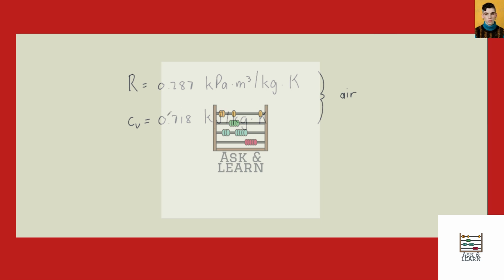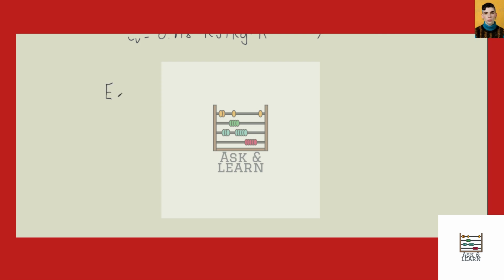So if we take the air in the room to be our system, the system is closed since no mass enters or leaves. So we can write our energy balance equation as E in minus E out is equal to the change in energy of the system, delta E. Now we have heat into the system plus the energy due to the work that the fan does, which is also into the system.